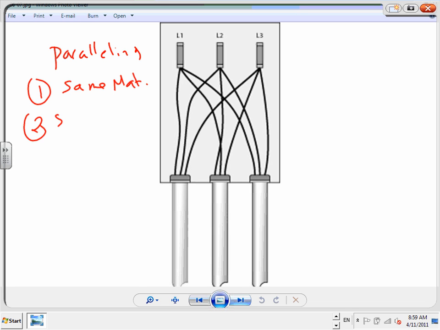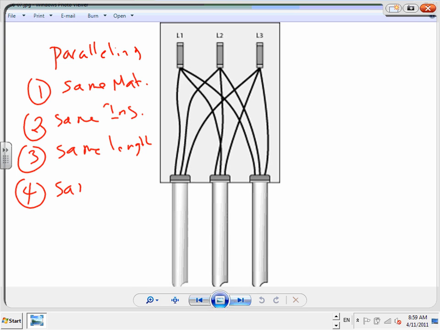Number two, same insulation. Number three, same length. And number four, so we have material, insulation, length, termination. Same termination. Number five, same conduit, if any.